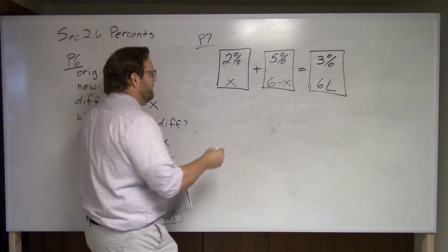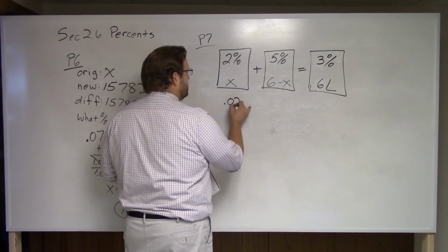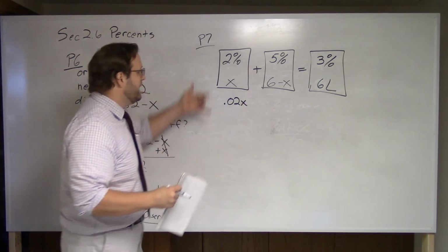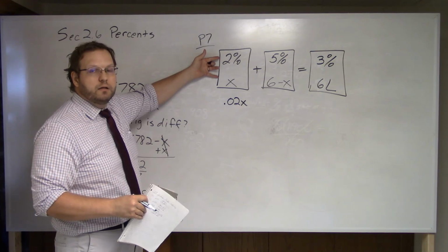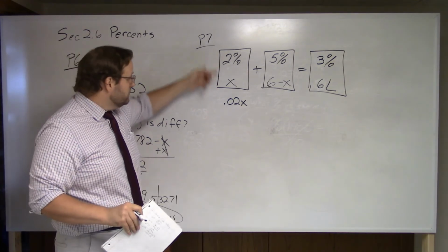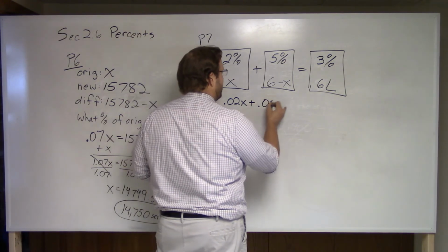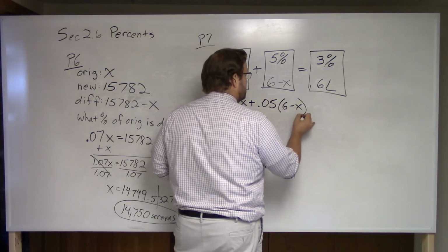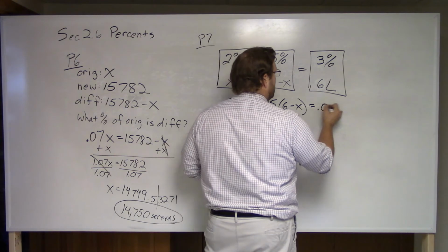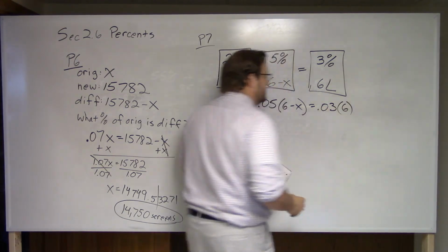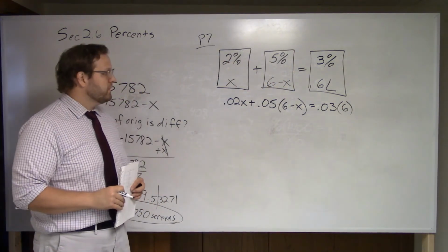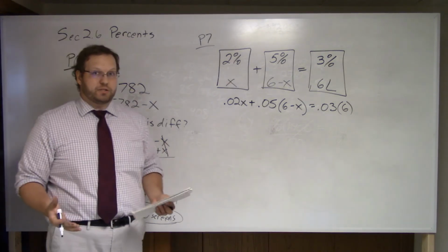So what we have is 0.02 times x. I multiply those two right here. That's all I do. 0.02 times x plus 0.05 times 6 minus x equals 0.03 times 6. That's all there is.